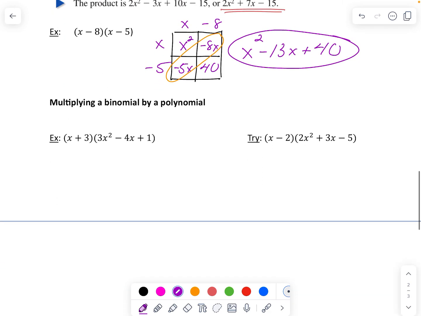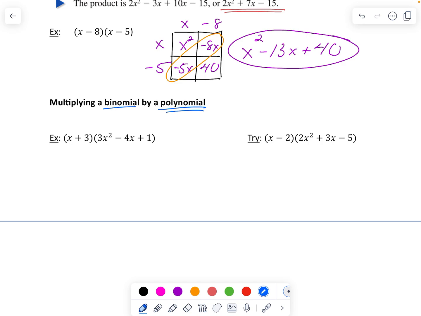Now, finally, the grand finale is we're going to multiply a binomial by a polynomial. Look at this thing. Binomial times trinomial. Well, when it comes to these, there's no special table or acronym or anything. It's just purely distribution. We need to multiply everything in the first parenthesis times everything in the second parenthesis.